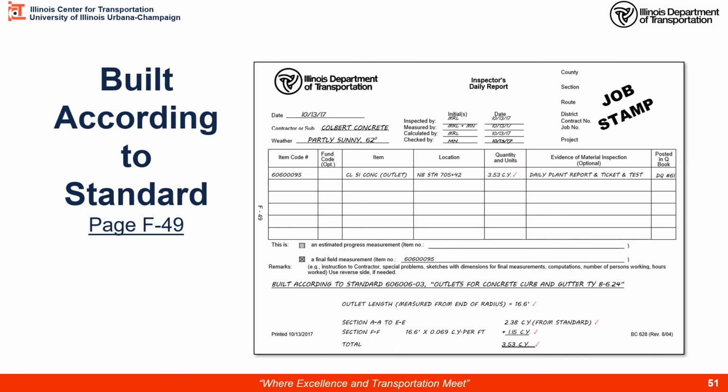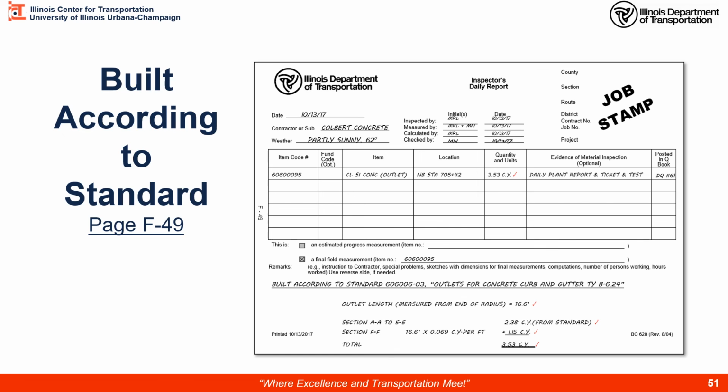So in this case, we have an outlet length measured from the end of the radius. We got 16.6 feet. That is unique to your project. You know how many cubic yards per foot, so you need to multiply that. That gives you 1.15 cubic yards. The section AA to EE is from the standard that's given to you.